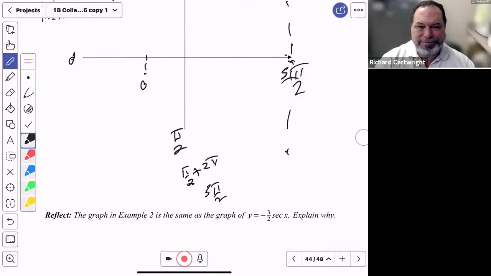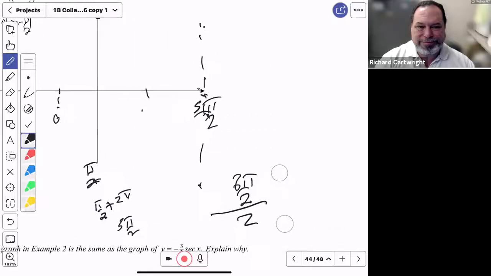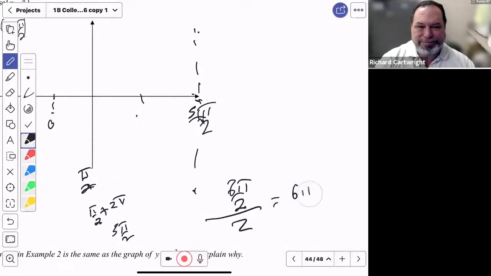And then from this pi over 2 in the middle, I have to add those two together. Pi over 2 plus 5 pi over 2 is 6 pi over 2. Divide that by 2 to get the middle here. That turns into 6 pi over 4. Stop me if I mess up, reducing it to 3 pi over 2. So this is 3 pi over 2.